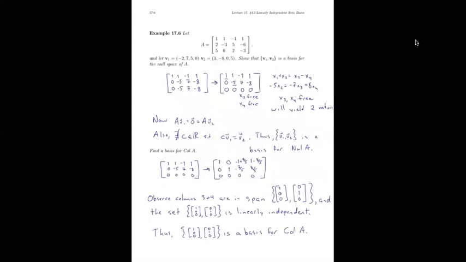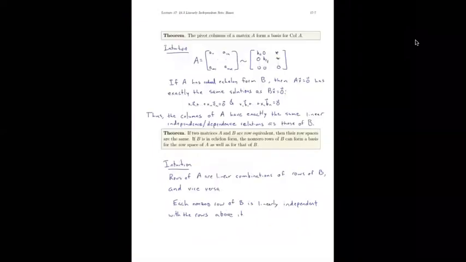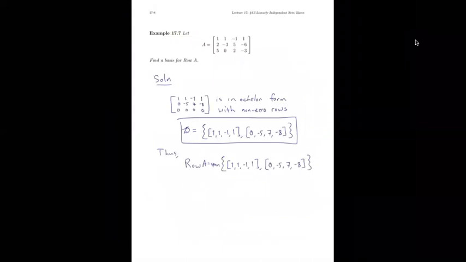The column space is found by taking the pivot columns of matrix A, and the row space is found by taking the non-zero rows of matrix A in echelon form. That will get you through most of section 4.3. It'll be nice later on to see the rank theorem for matrices, which will give us a good connection between all of these things. So we'll see that later on.